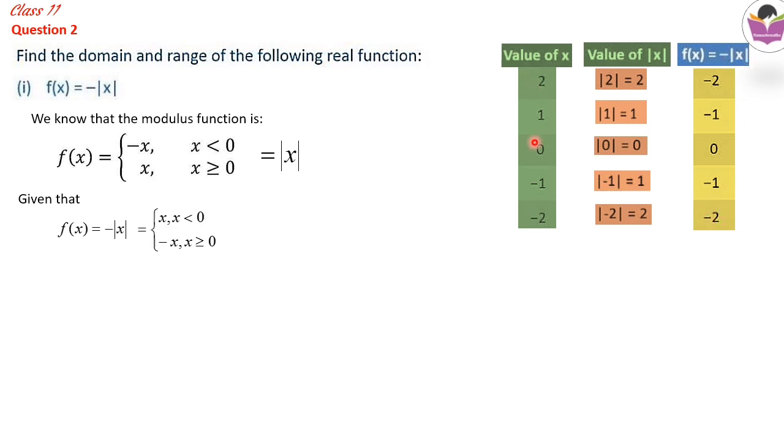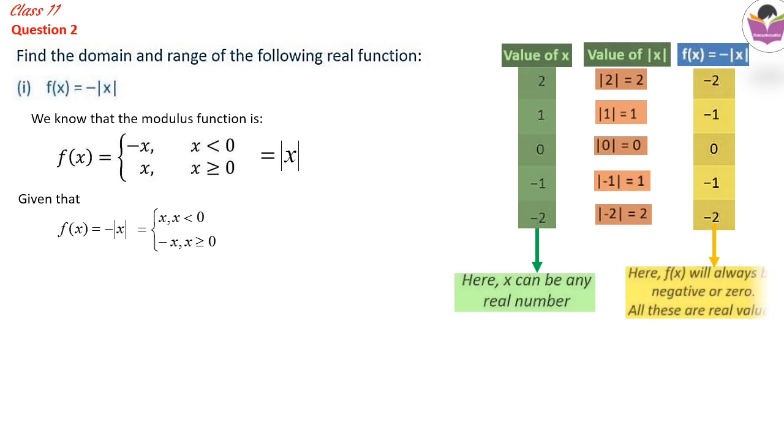Then let's check the values of x, that means our input values. Here x can be any real number we can substitute: negative numbers, 0, positive numbers, or any decimal numbers, anything. But when it comes to f of x is equal to minus modulus of x, when you check, it is always negative or 0, either 0 or any negative number.